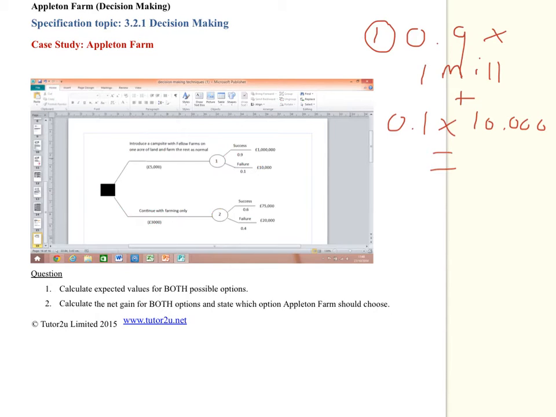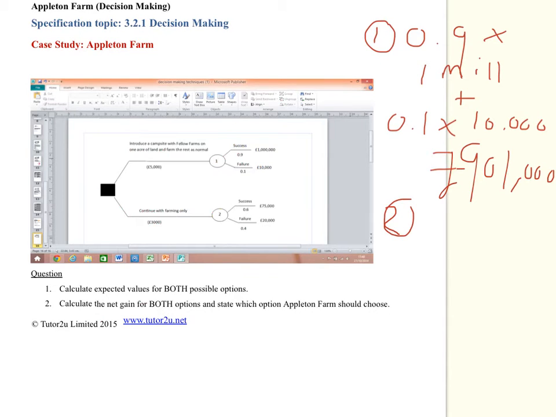So that looks like it would give us 901,000, if my maths is correct. Just double checking that figure, which you should always do in an exam. Double check your workings. So 901,000.